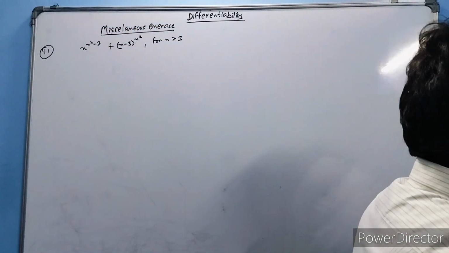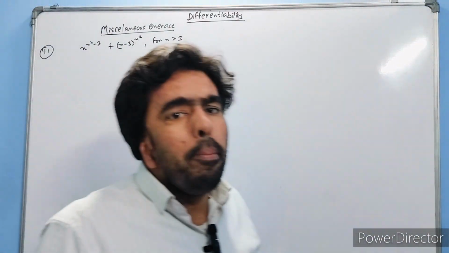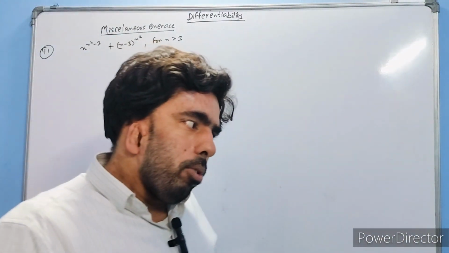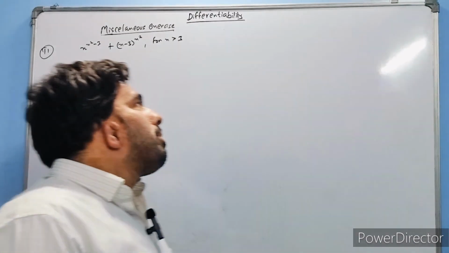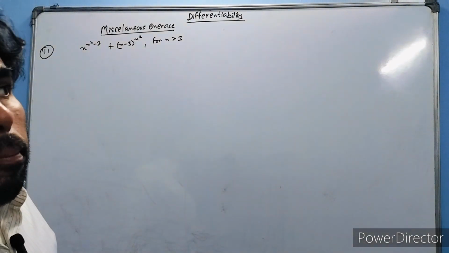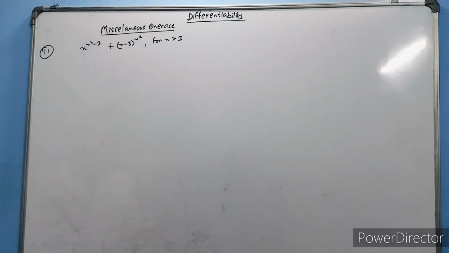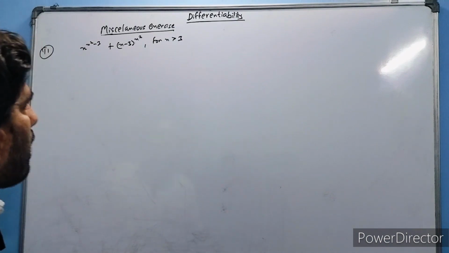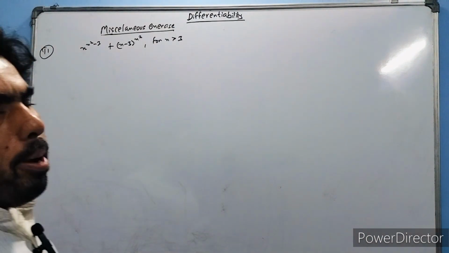As we know, this is the miscellaneous exercise. So the miscellaneous exercise does not always have tougher questions. They may have easier questions, but they look tougher to solve. So now we'll try to solve them very easily.